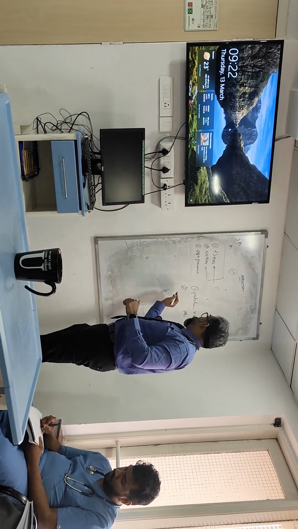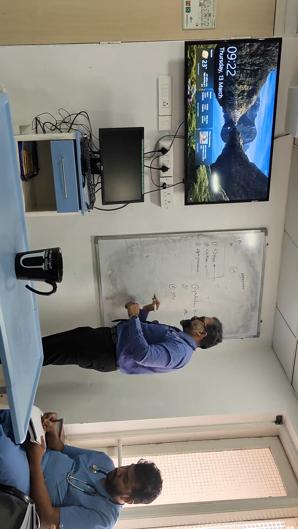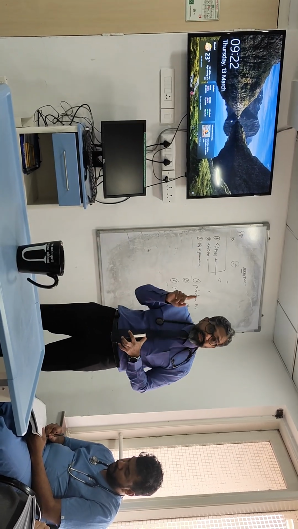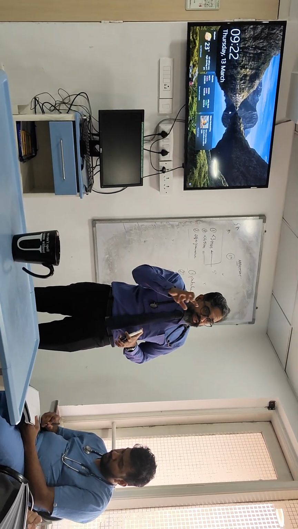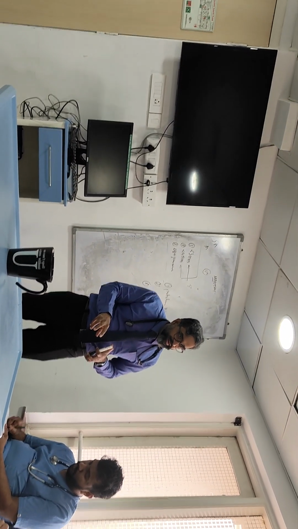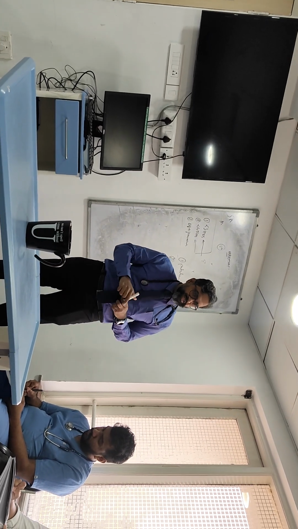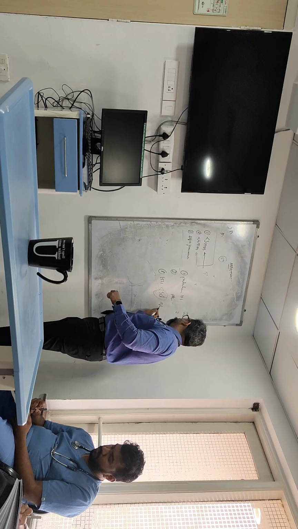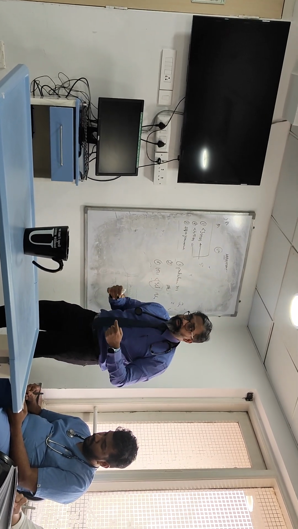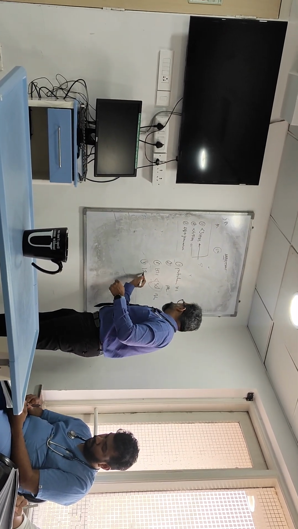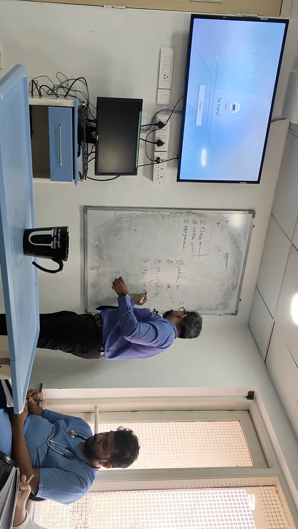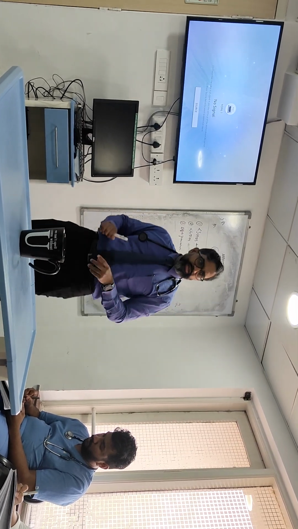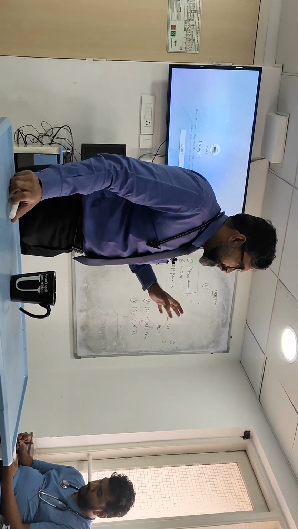Next is hemorrhagic transformation 1, HT1, which basically means less than 30% of the stroke area is involved with the bleeding. And HT2 is more than 30% of the stroke involved with bleeding. Clear on this? HT1, HT2.